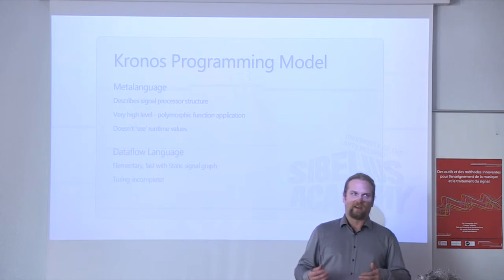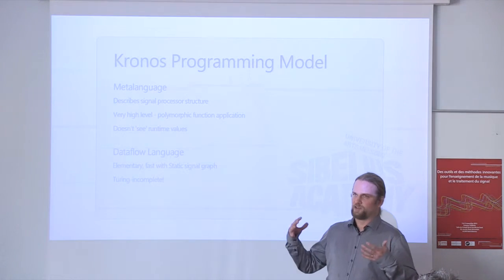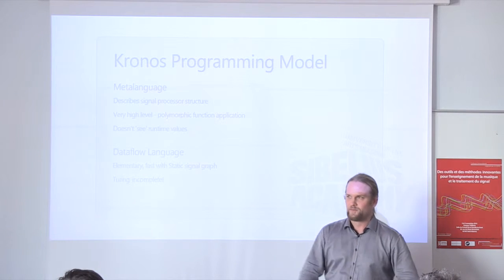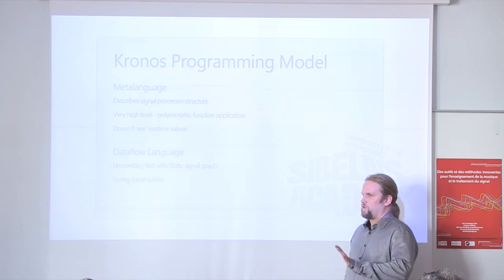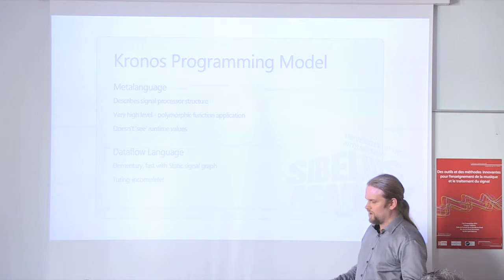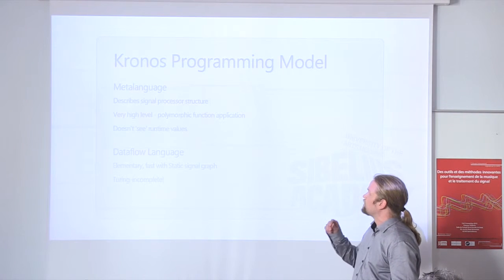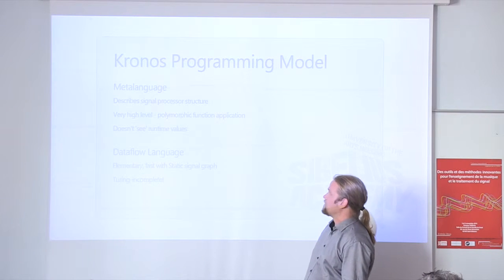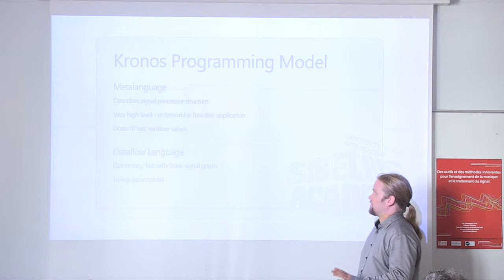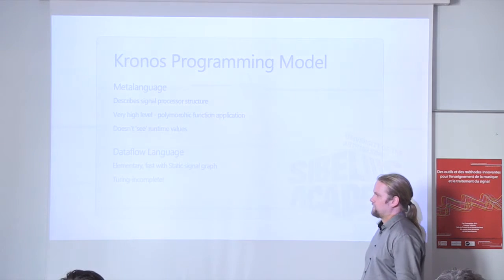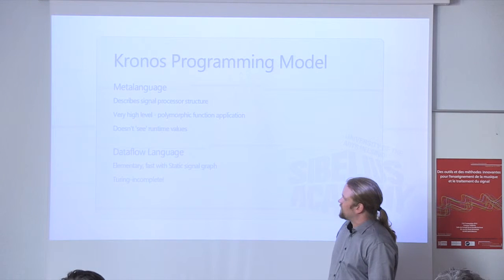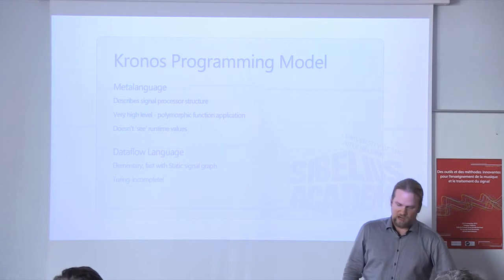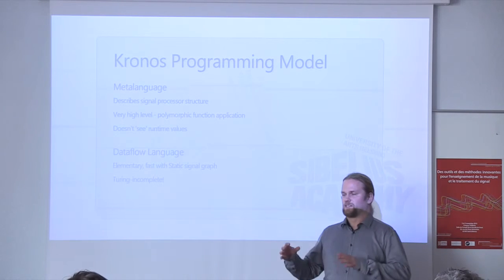For example, in SuperCollider, you have a functional language in which you create a graph of unit generators, which you then play. And I set out to formalize and extend this concept, meaning that when you program for Kronos, you program in the so-called meta language that describes a signal processor structure with a very high-level declarative approach. It's based on polymorphic function application and little else. So you can have functions that behave differently depending on the data type they receive.